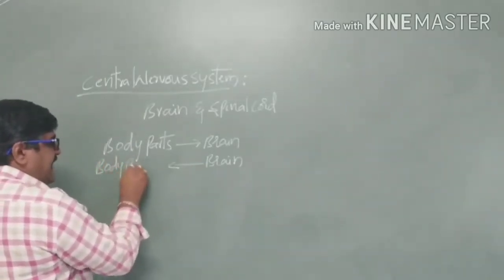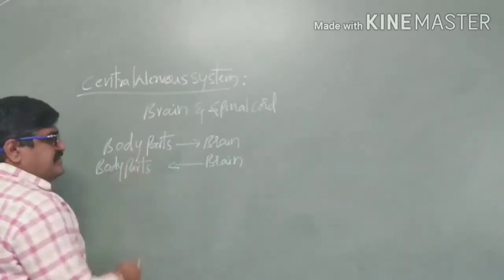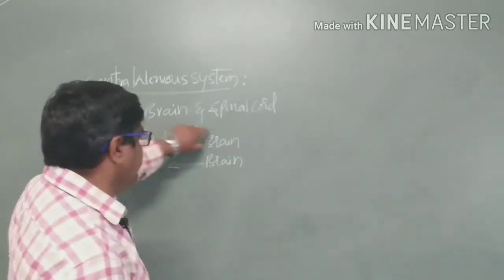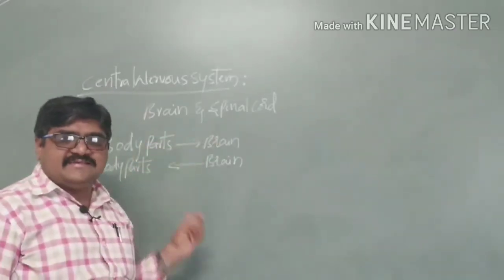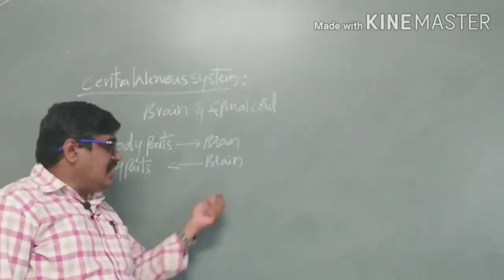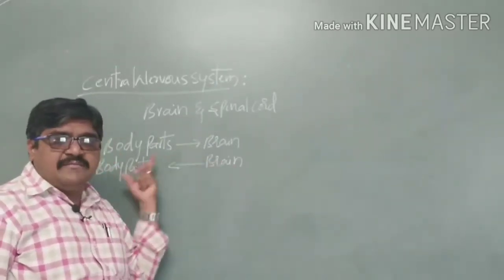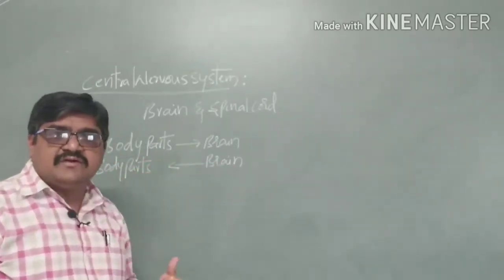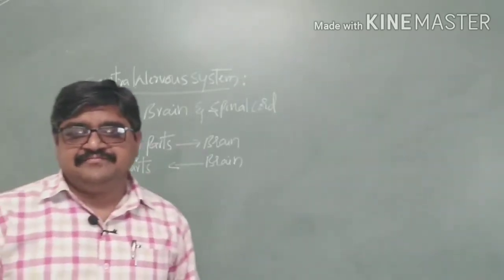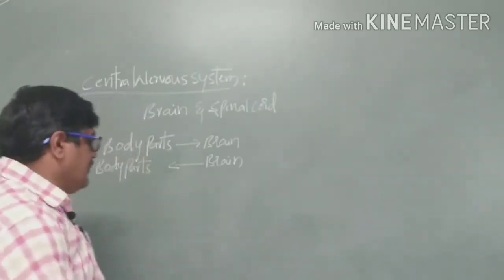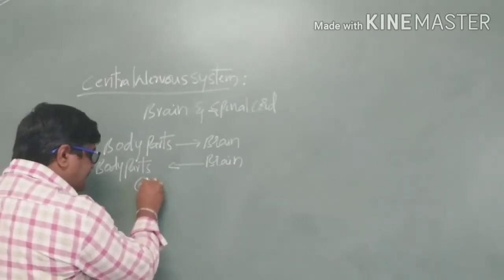The information carried from body parts to the brain is carried by the sensory nerves, and the motor nerves carry it from the brain to the body parts, where they are helpful for controlling the movements.